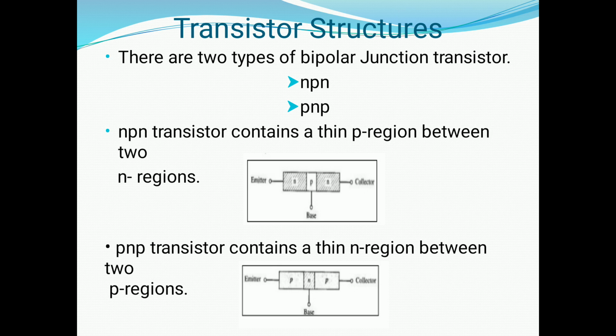There are three regions in a transistor. They are emitter, base and collector.